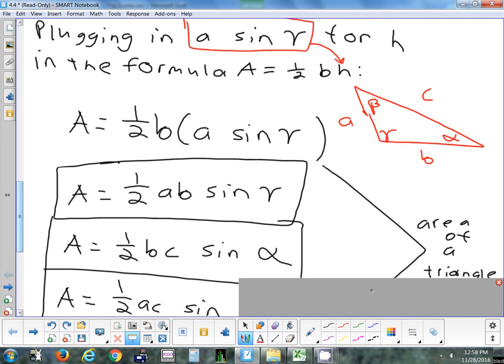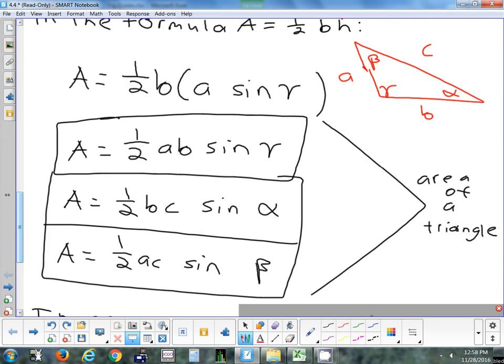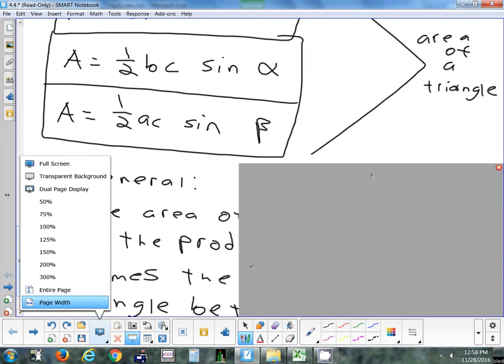Alpha. All right, and how about if you wanted to use sides A and C? Yes, the beta.